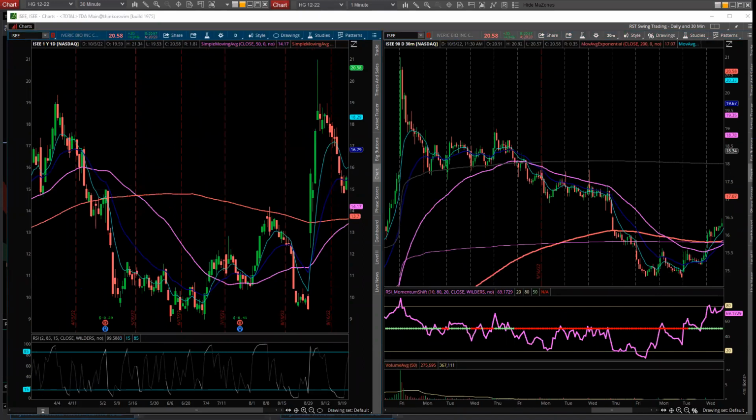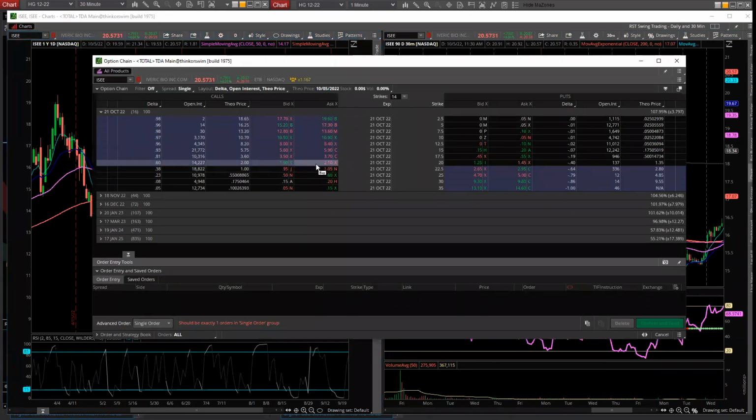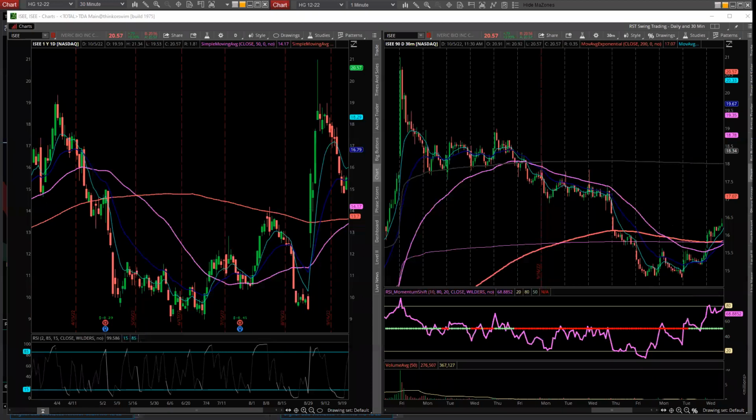Then I usually trade the option on it, as long as I've got a tight bid-ask spread, usually at the money option, or even slightly out of the money. That'll give me better return on investment anyway. And usually I get a nice gain out of it, because you're trading a stock that is outperforming. So when the S&P is either going sideways or down, this stock is moving higher because it's outperforming.